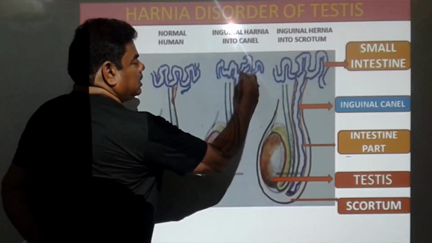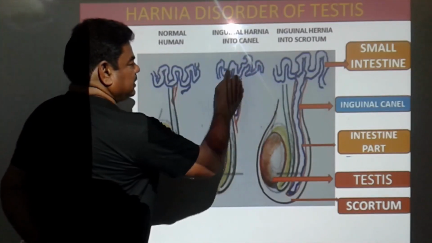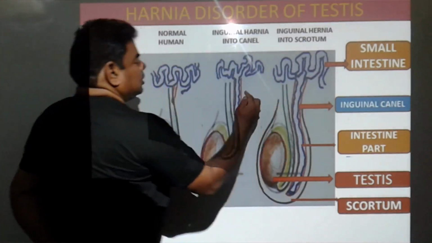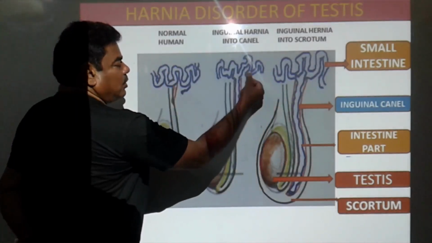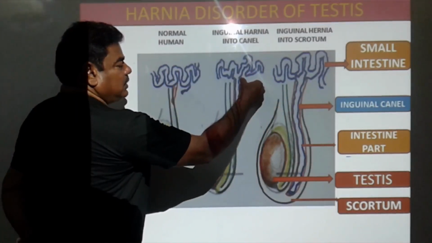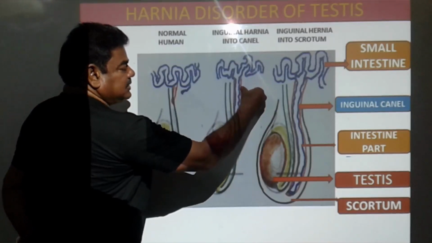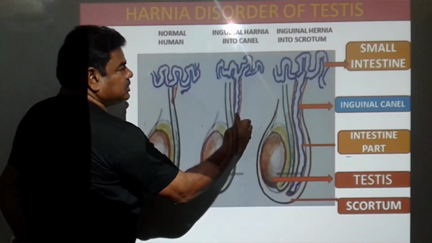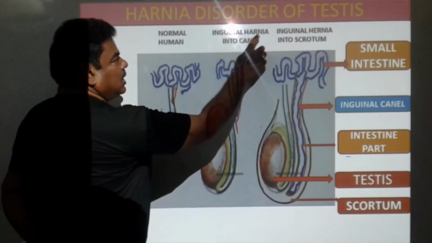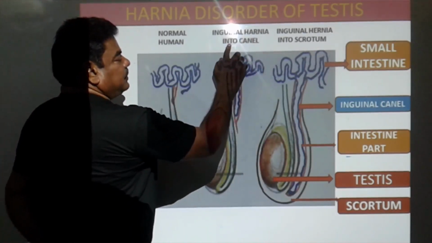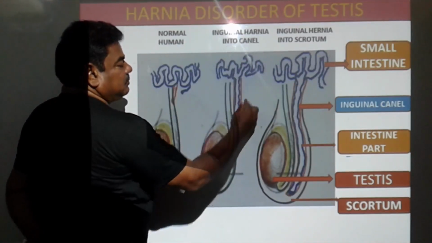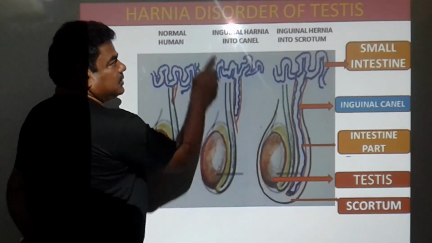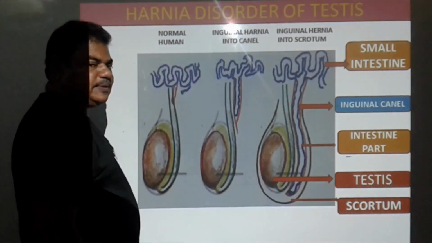This is the small intestine, a small part of which pierces the inguinal canal tissue and enters inside the inguinal canal space, leading to the disorder known as inguinal hernia. When the small intestine is inserted here in the inguinal canal, inguinal hernia formation takes place.